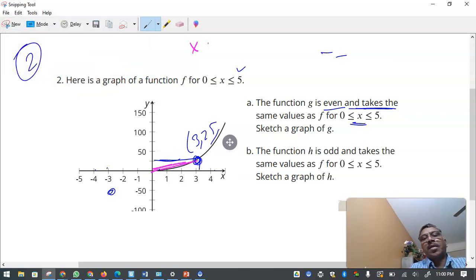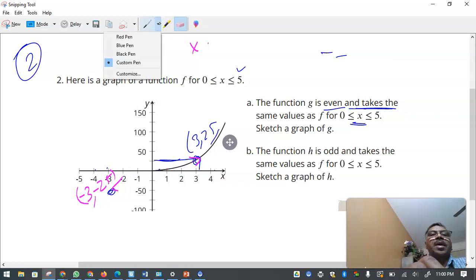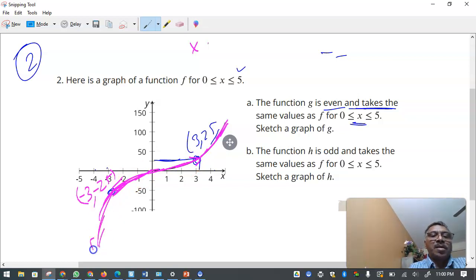If this is from the origin, then I can reflect on the other side, which will be negative 3 and negative 25. So your new graph will be this one, but you'll have to extend on the other side and it goes like this again. So this will be an odd function.